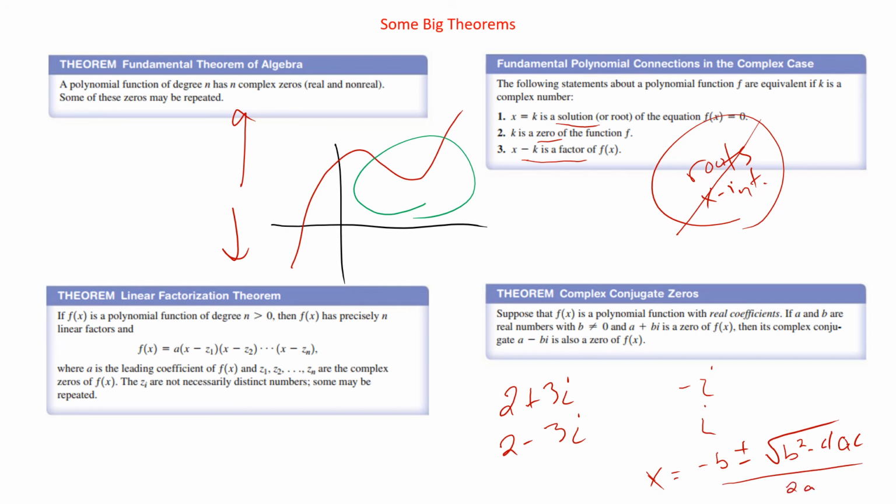all over 2a. So when we had the irrational roots, we also had their conjugate because of that plus or minus. If this doesn't simplify out, we had an irrational root. If that number inside of that square root is negative, we'll have a complex root, but that plus or minus still stays there.